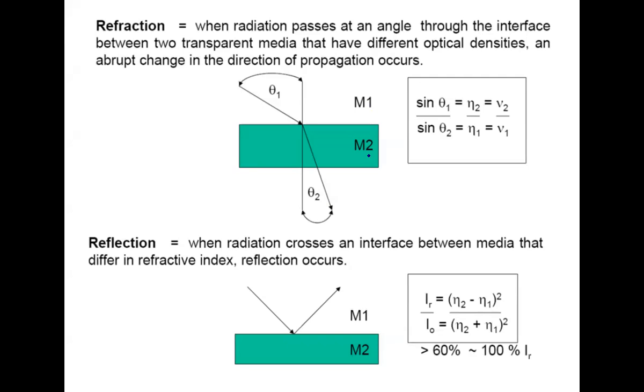If you put the normal to the surfaces, you have the two angles, theta 1 and theta 2, then you are going to have sine theta 1 over sine theta 2 equals N2 over N1, the refractive index of 2 over the refractive index of 1.